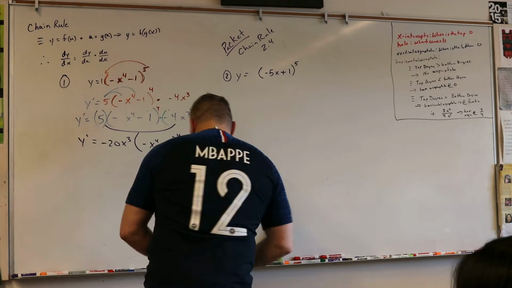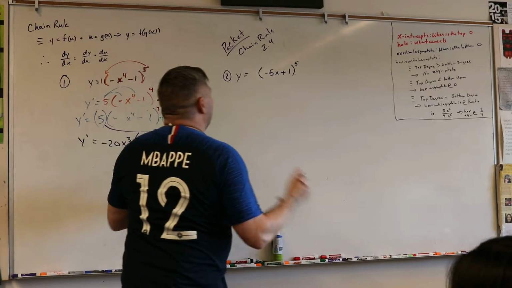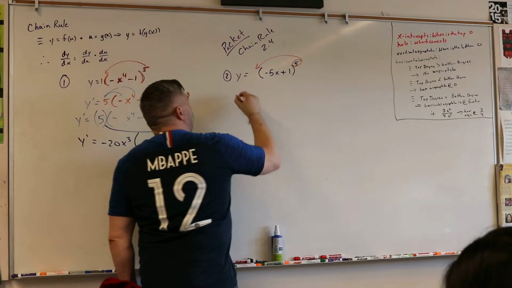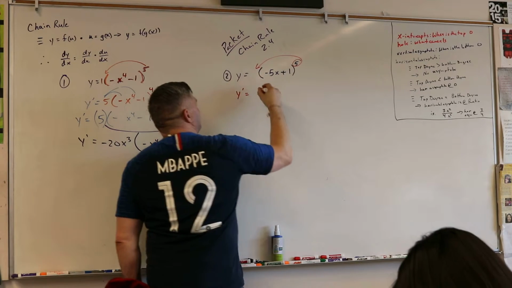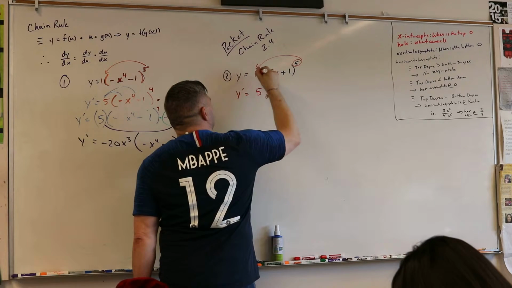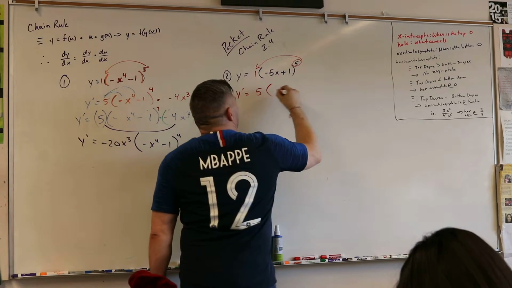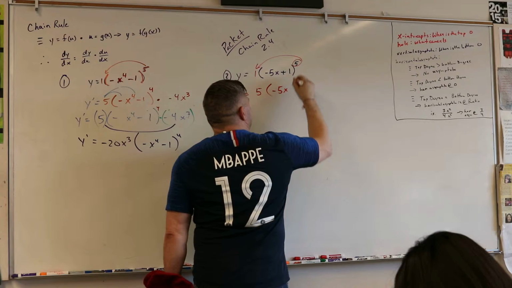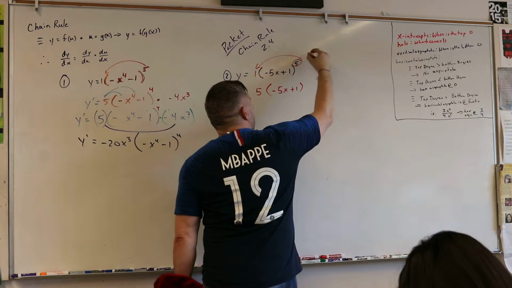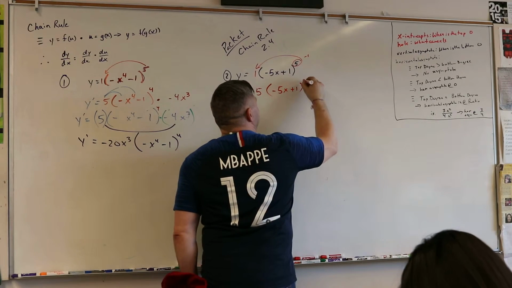Okay, so in other words, again, I'm going to take this, multiply it times the first part. So 5 times 1 is 5. And then I have this inner piece, and then I take 1 away from that, just like any derivative.